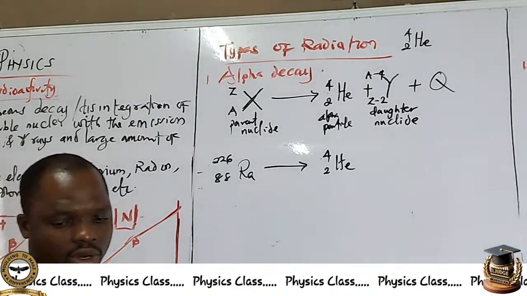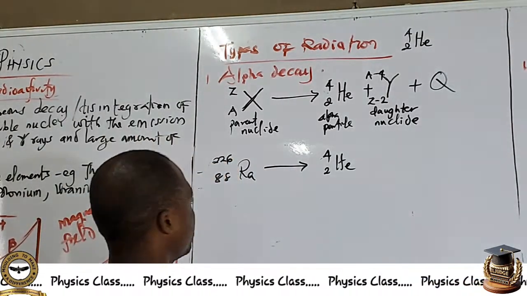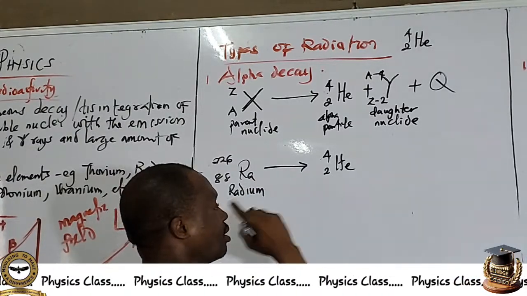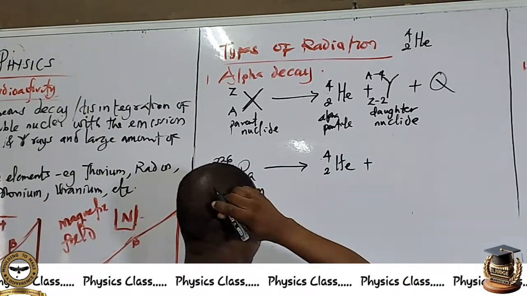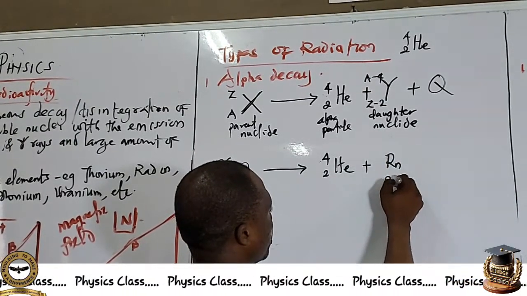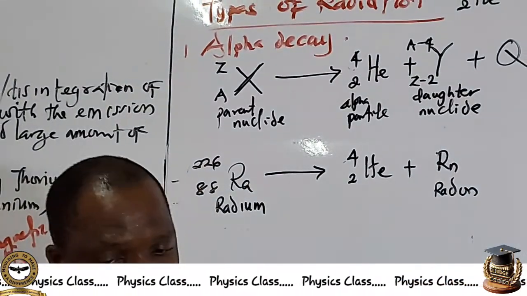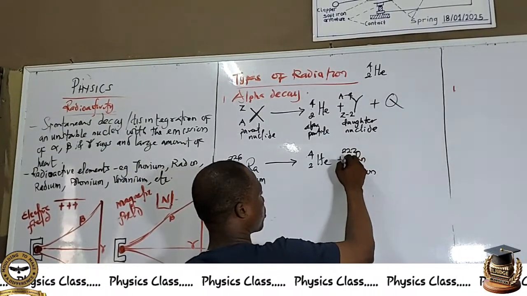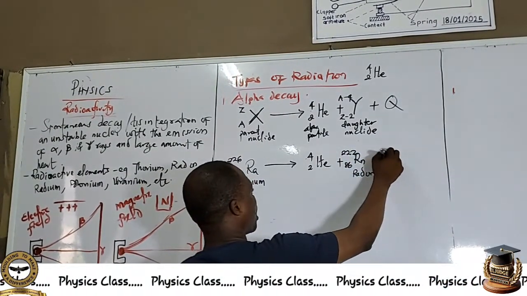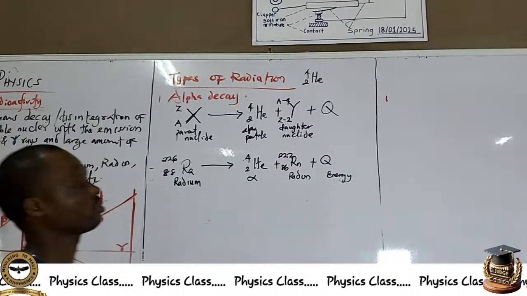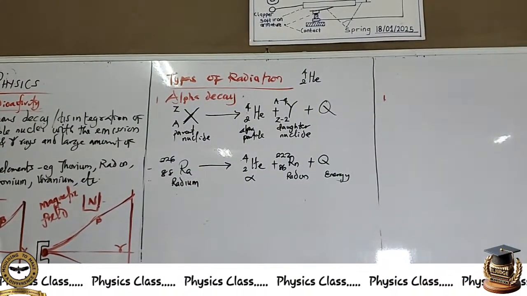So this is radium decaying by alpha particle to radon 222 86, plus a large amount of energy. This is the alpha particle. This is an example of alpha decay.